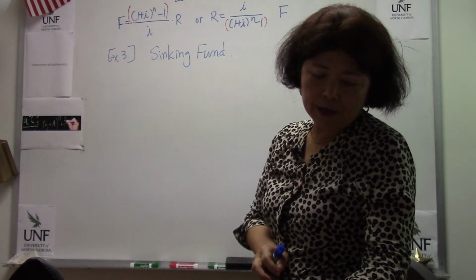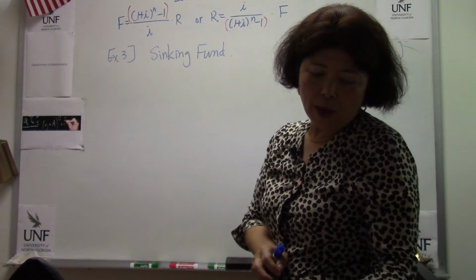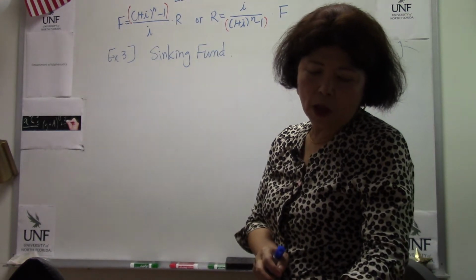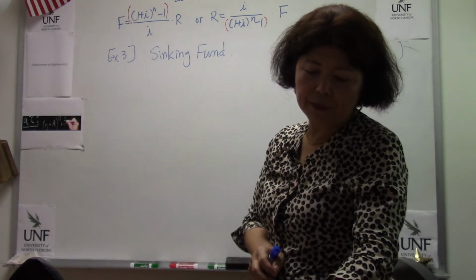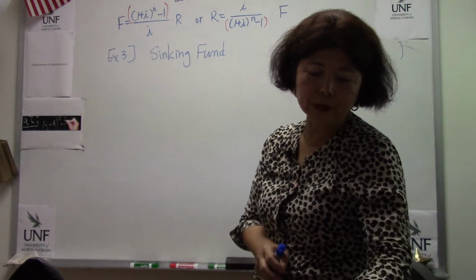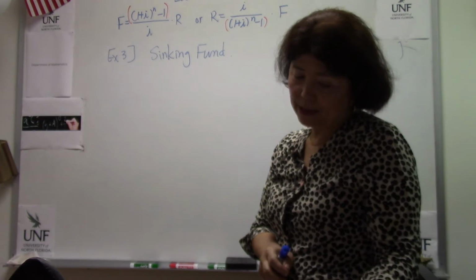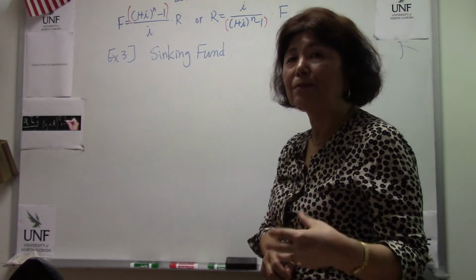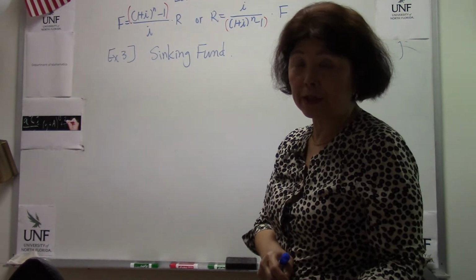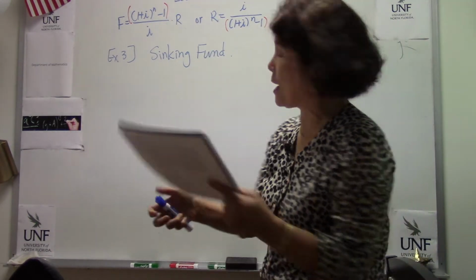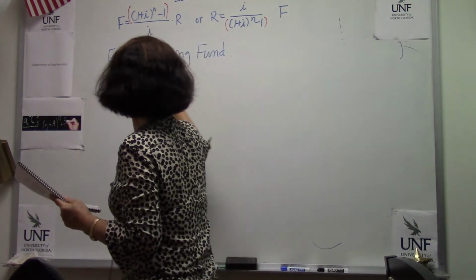Each quarter year, they are going to deposit a certain amount at 4.8% interest compounded quarterly in order to pay off the debt. So how much money do they have to deposit every quarter year? That is the question mark. So here we go.